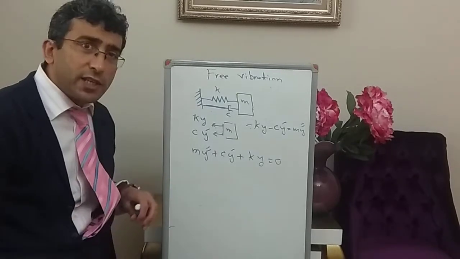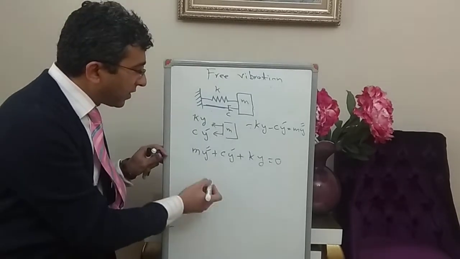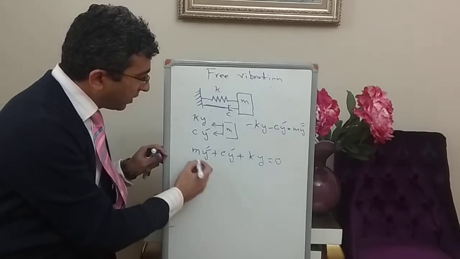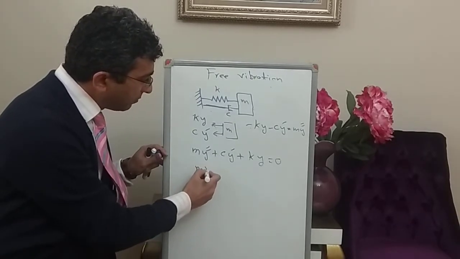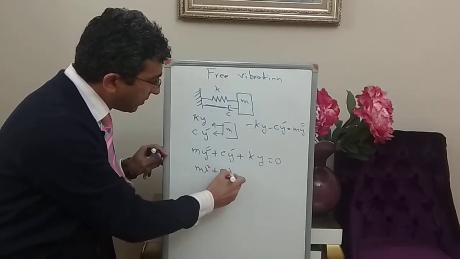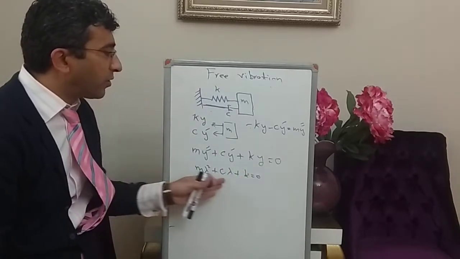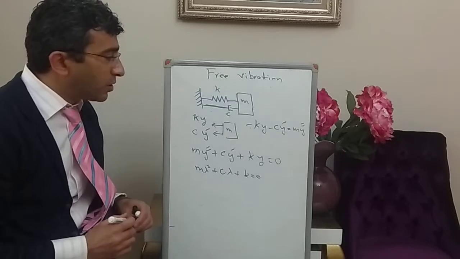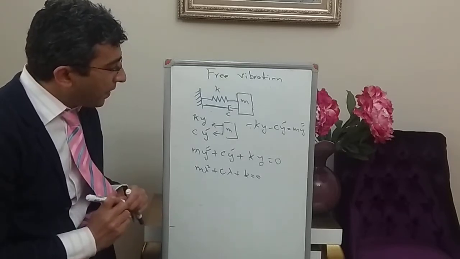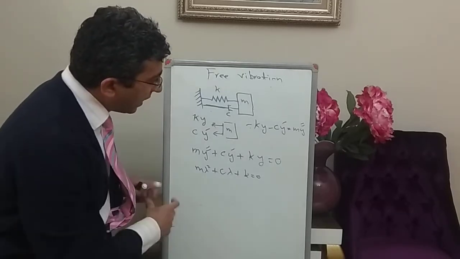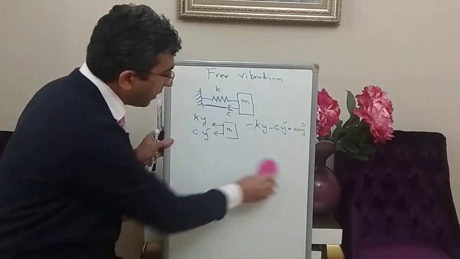I will not solve this one, but if you solve it, you write the characteristic equation for this one. You remember it will be m lambda square plus c lambda plus k is equal to 0. And you solve for lambda 1 and lambda 2. So if the roots are complex roots, you will have the following sort of vibration.